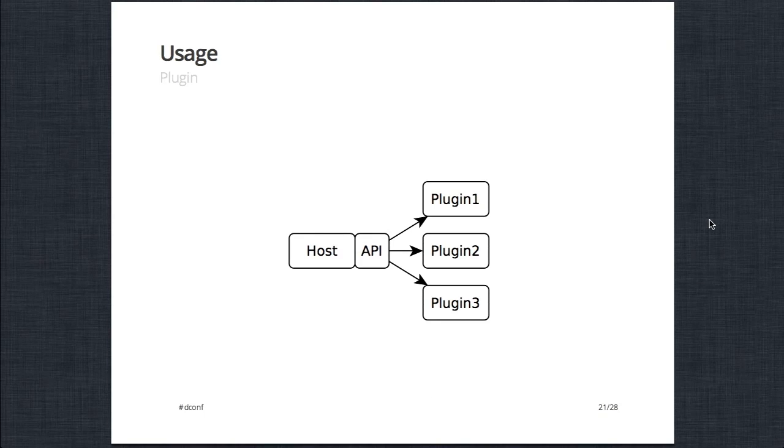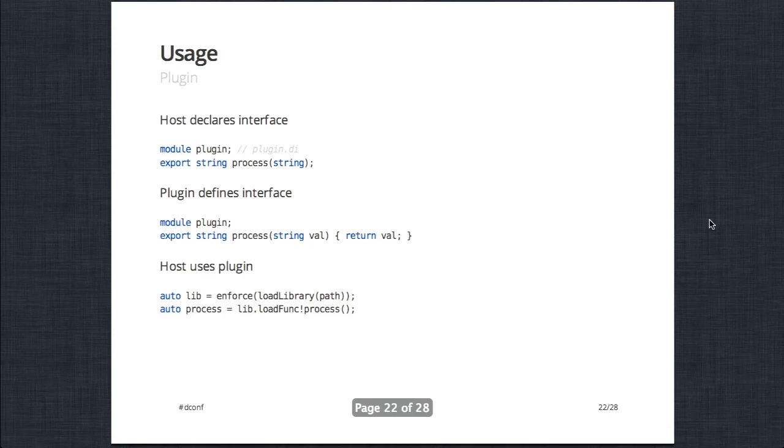Okay, plugins. The interesting part about plugins here is that you don't actually have the API on the plugin itself. So somebody that writes a plugin doesn't define the API. The API is defined by the host, and it can do so by exporting a header file.